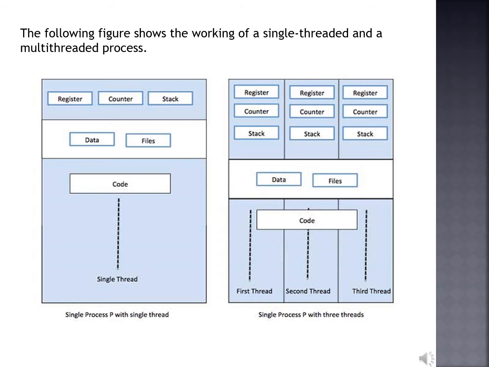These threads share the process resources but are able to execute independently. The threaded programming model provides developers with a useful abstraction of concurrent execution. Multithreading can also be applied to one process to enable parallel execution on a multiprocessing system.